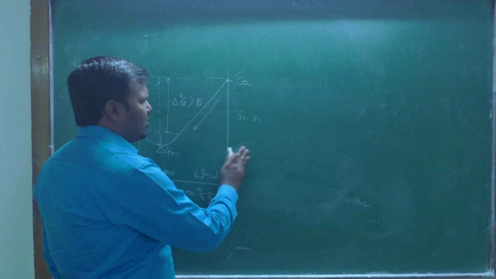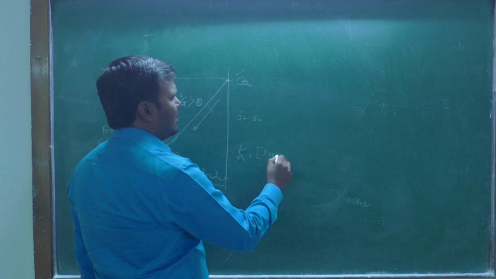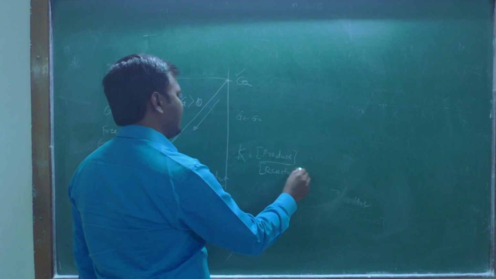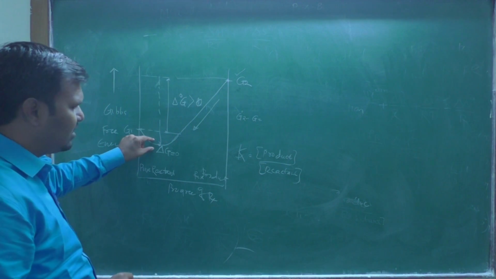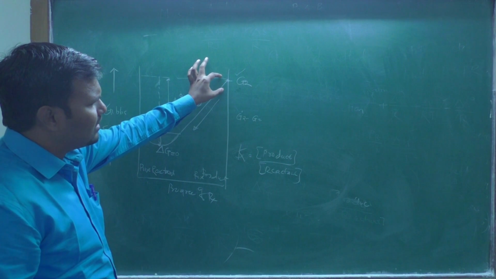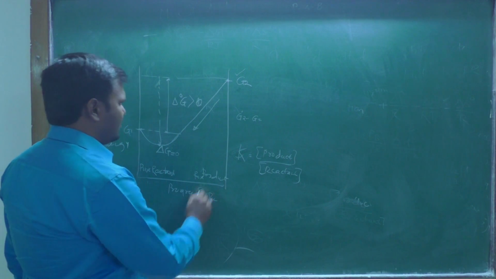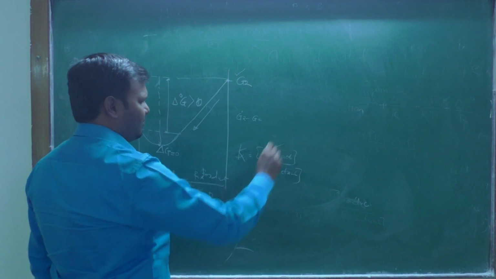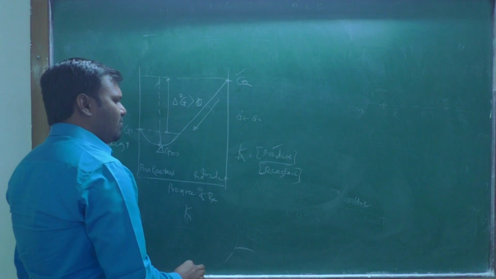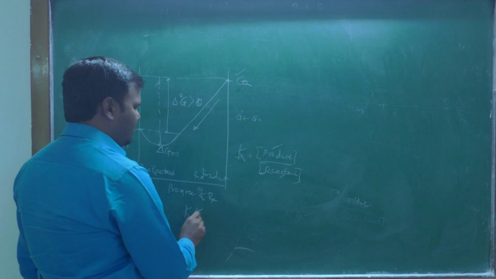At equilibrium, Q or K is the product concentration upon the reactant concentration. Here the reactant is more and the product is less, therefore K is less than 1.